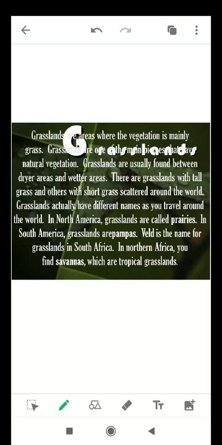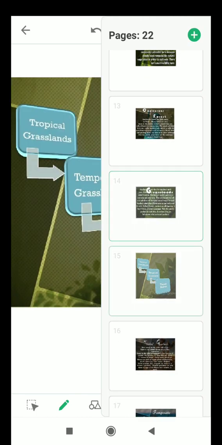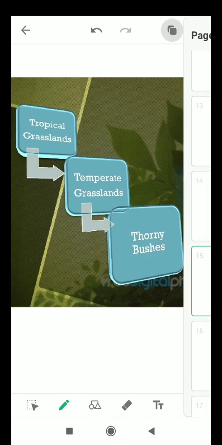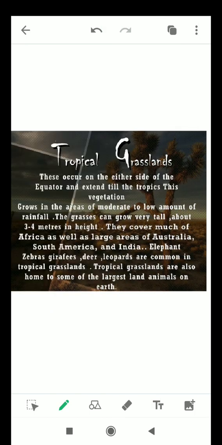Grasslands all over the world make an ideal environment for plant-eating animals of all sizes. Grassland is divided into three parts: tropical grassland, temperate grassland, and thorny bushes.